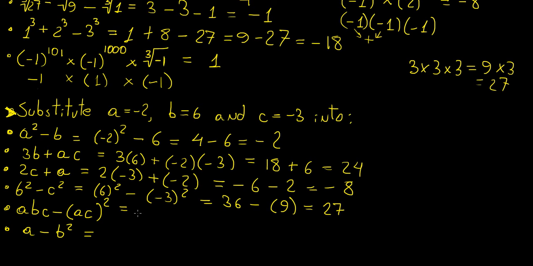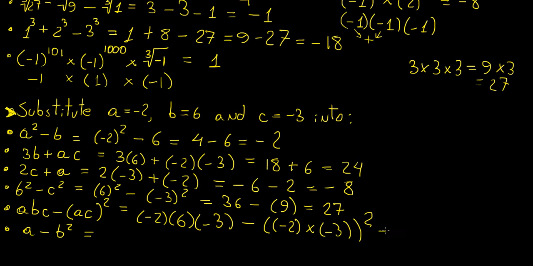Now let's do this one. So we have a, which is minus 2, times 6 times minus 3, minus a times c. So that's going to be minus 2 times minus 3. I'm just going to write the cross here so it makes it a little bit clearer what's happening here. And then that's raised to the power of 2.